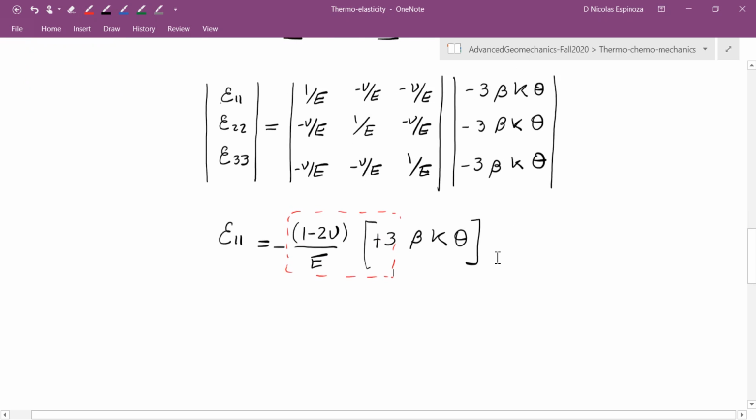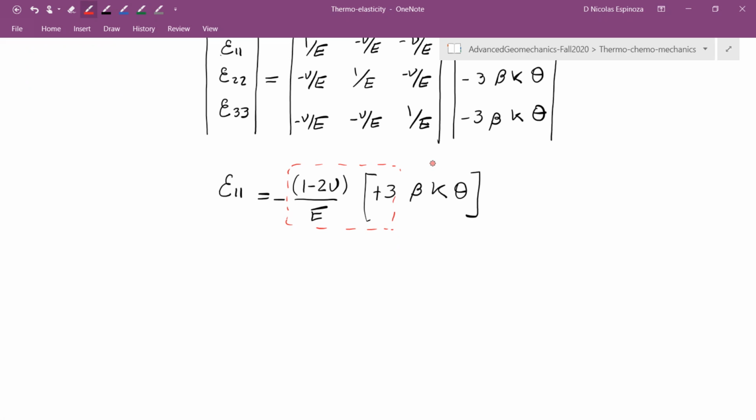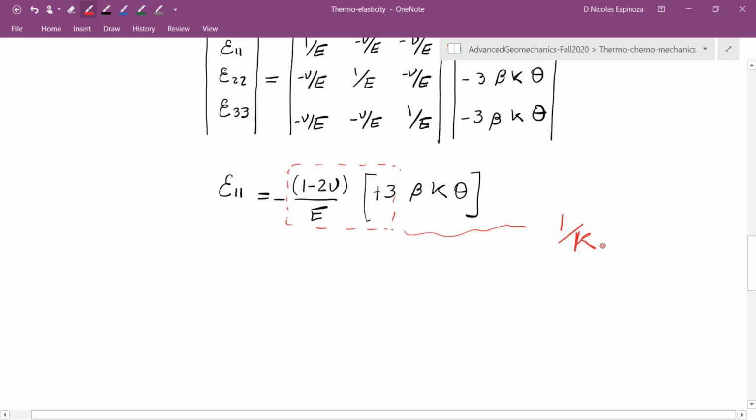So over here, this is actually 1 over k, where k is the bulk modulus, and this is the quality of the isotropic solid. And since I have a k here and I have a k there, all of this is going to cancel out, that k with this k.